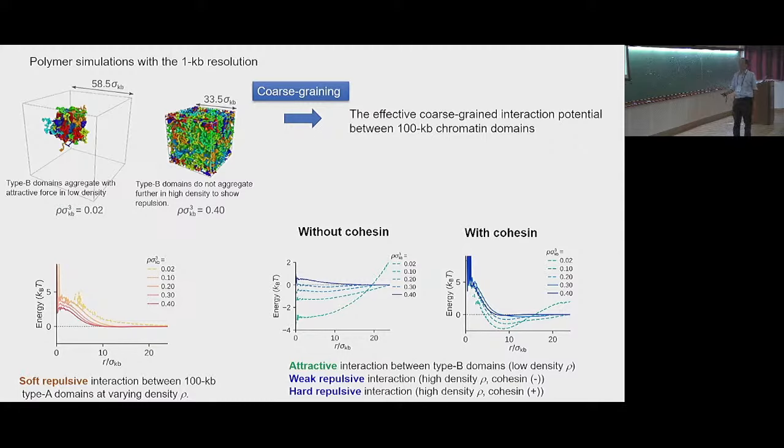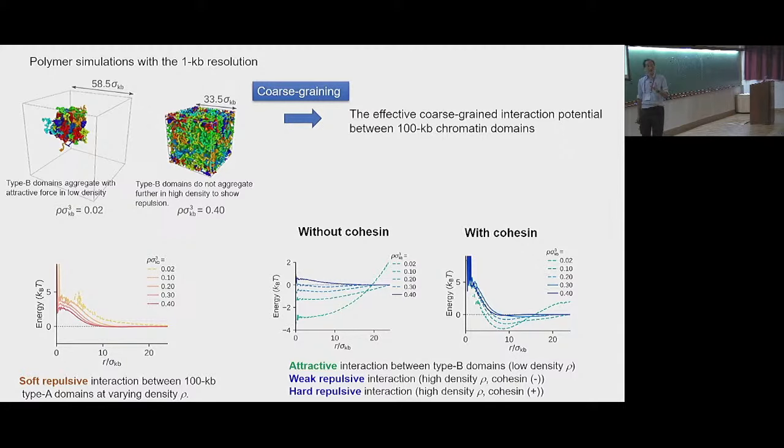But when chromatin density is as high as in the in vivo situation, then we have a slight repulsive interaction between type B domains. But with cohesion, the repulsion is quite evident. We have a hard repulsion between type B domains. So this is rather unexpected.